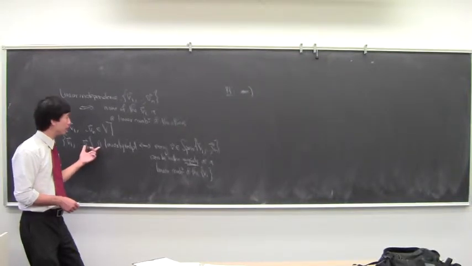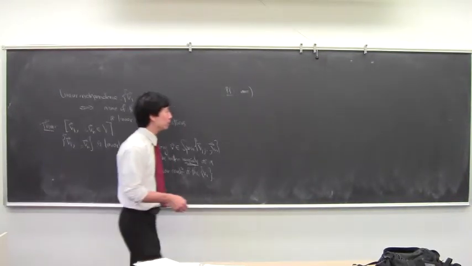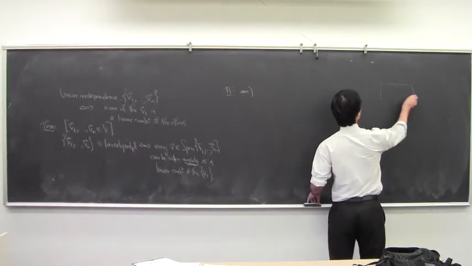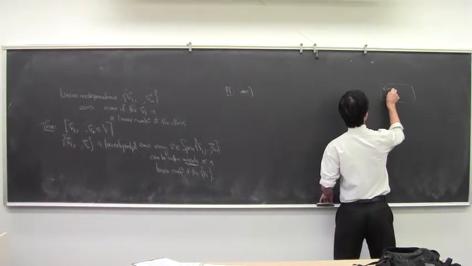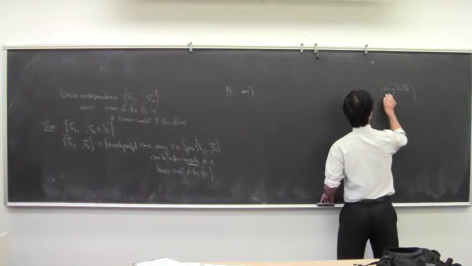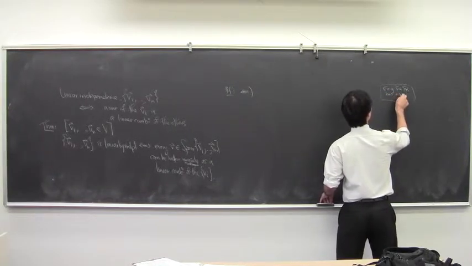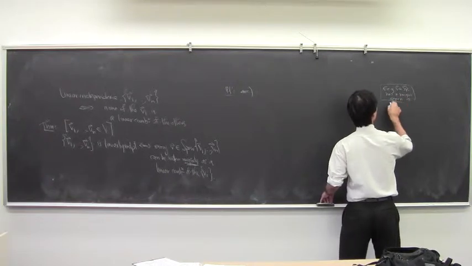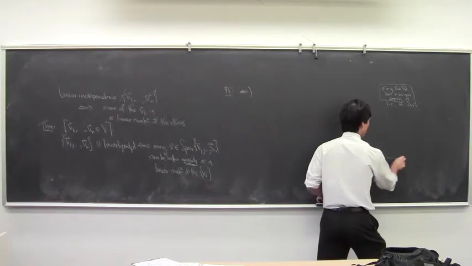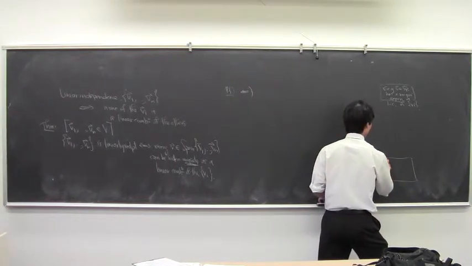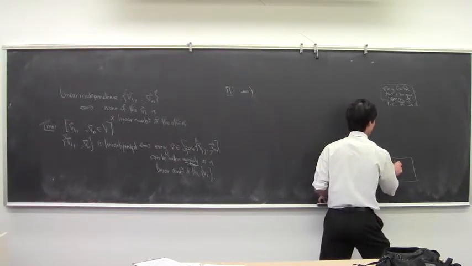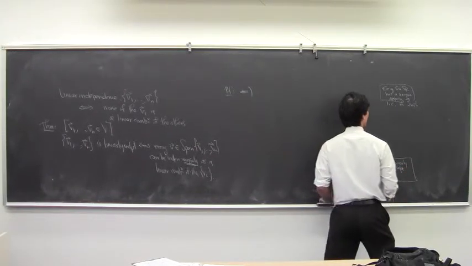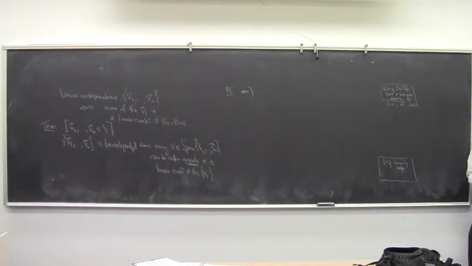You're given that everyone in the span has a unique expression as a linear combination of the vi, and you're trying to get to the fact that the vi are linearly independent.